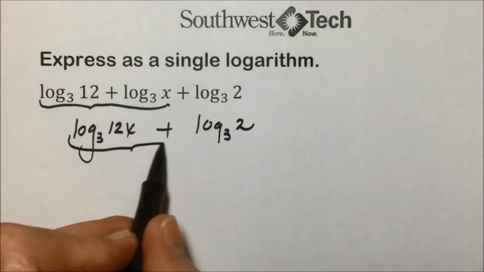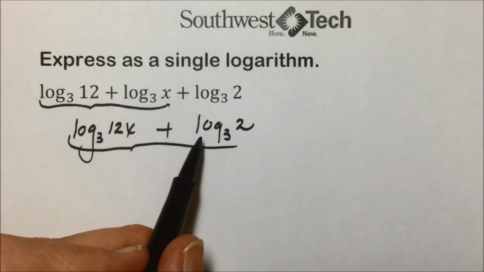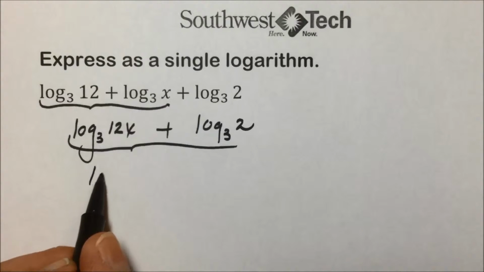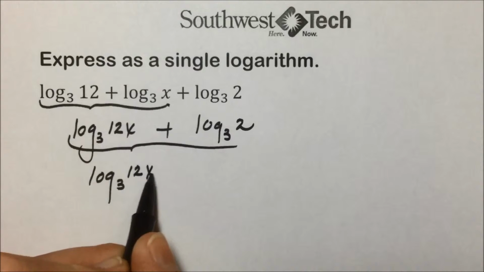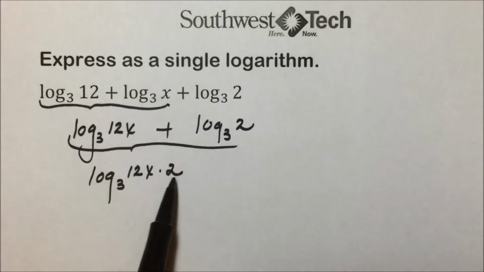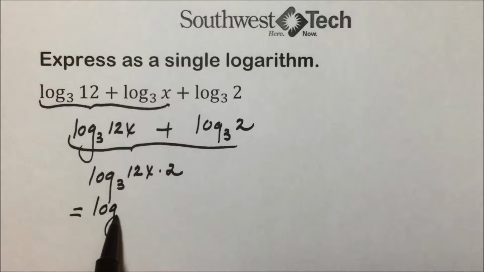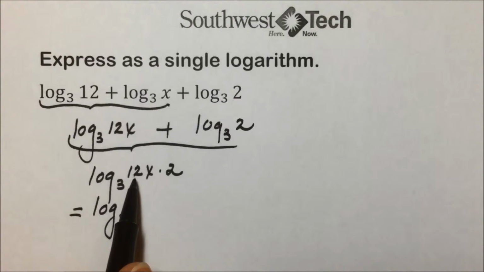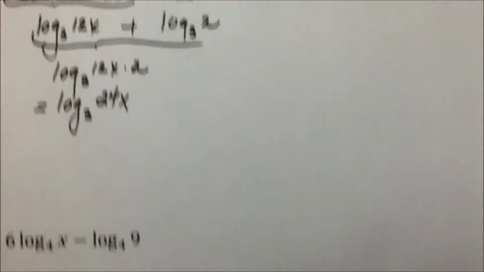And going in the opposite direction for our product rule, a sum of logs is the same as the product of those factors. So we have 12 times x times 2. And simplifying, at least the 12 times 2, using the commutative property, our single logarithmic equivalent would be log base 3 of 12 times 2, 24x.